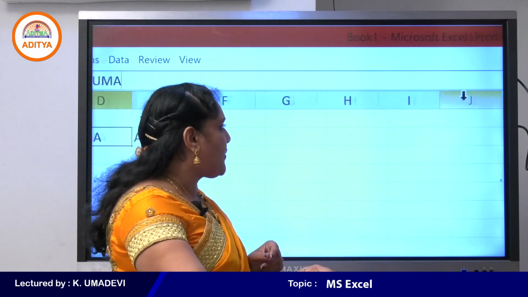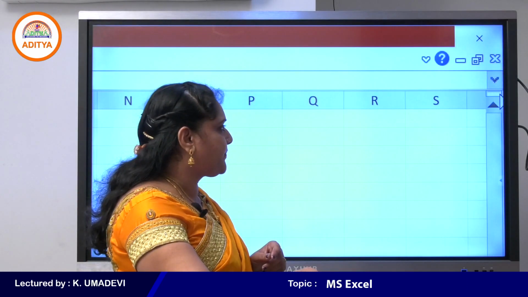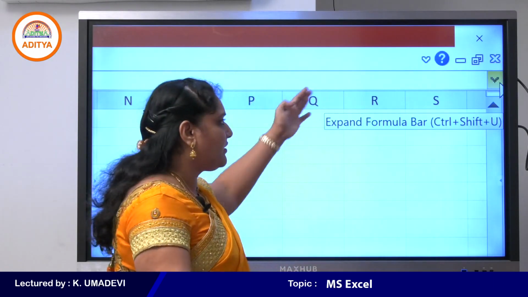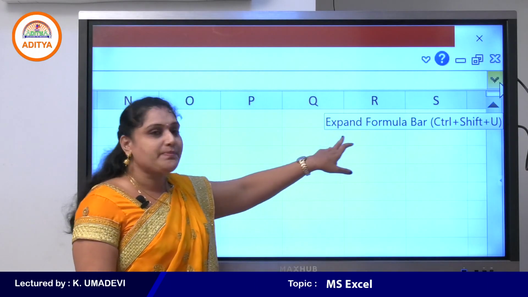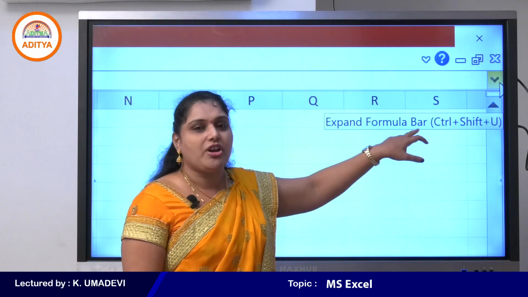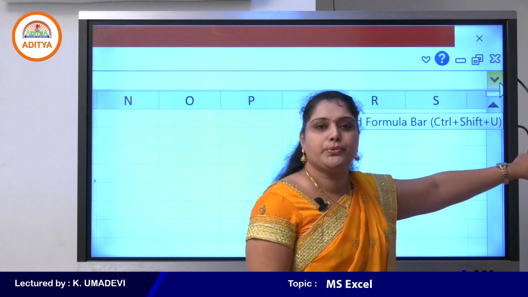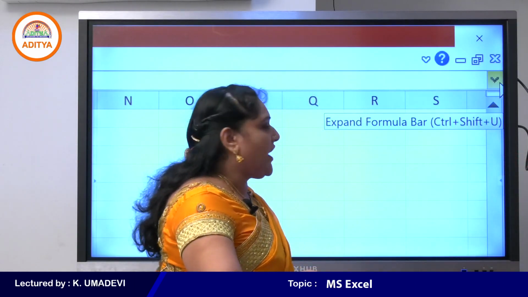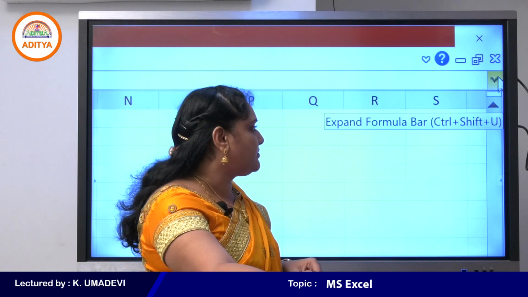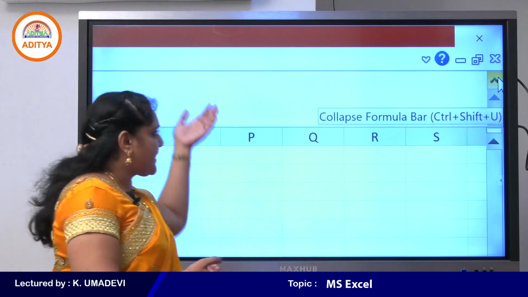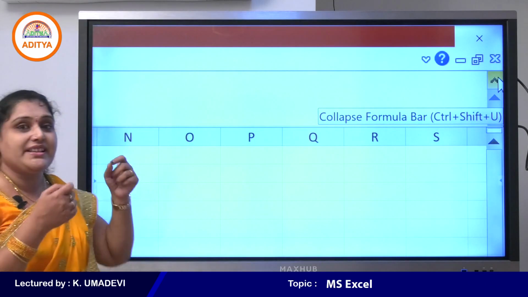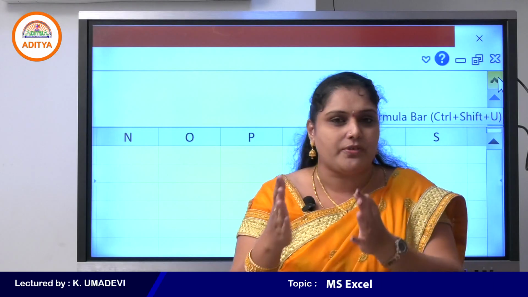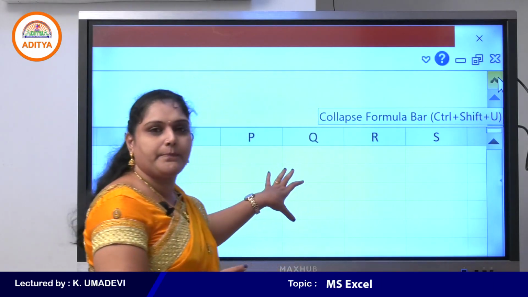After the formula bar, we have one more button, a drop down button. That is called expand formula bar. The shortcut key is Ctrl Shift U. So what is the use of this button? When you click expand formula bar, it allows you to expand the formula bar. This is helpful when you have a long formula or a large piece of text in the cell.